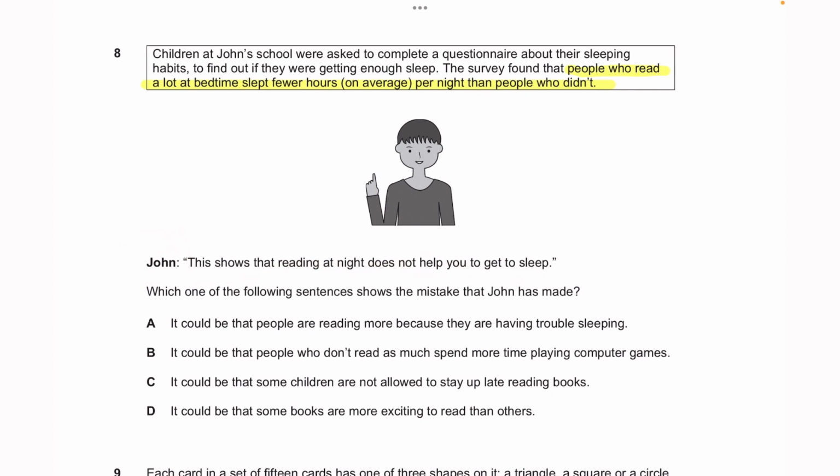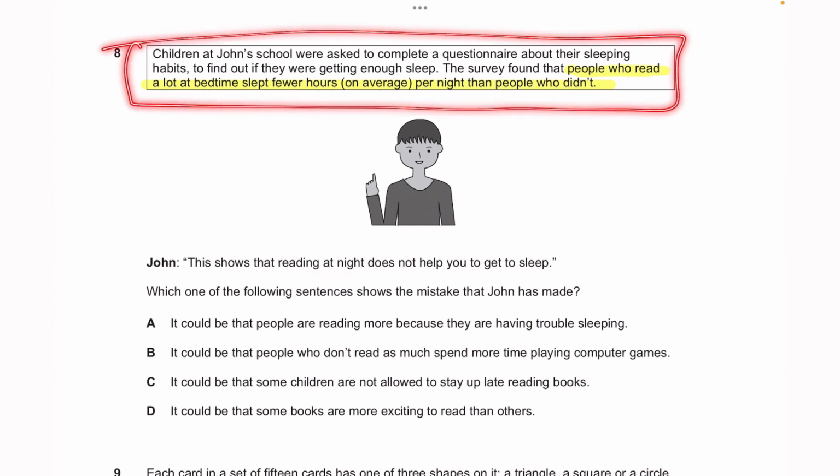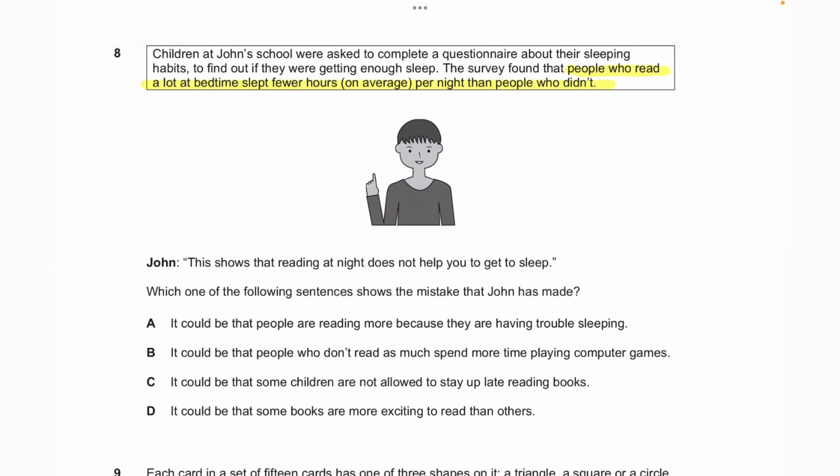On here, it's saying that people who read a lot at bedtime slept fewer hours per night on average than people who didn't. And John is saying that means that reading at night does not help you get to sleep. But this is actually incorrect, because this information is not telling us why people who read at night didn't sleep as much as people who didn't.